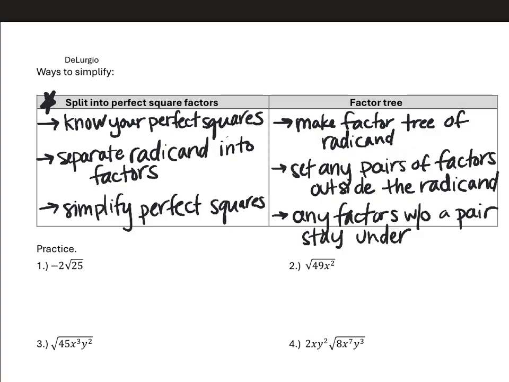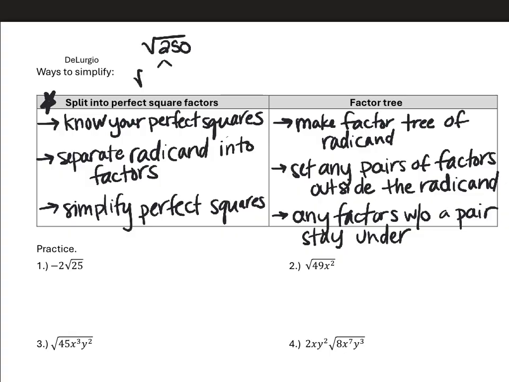If I have the square root of 250, and you have to simplify that, that is not simplest form. If we use way 1, I'm going to separate the square root of 250, and I'm going to try to figure out what perfect square factors go into it. If you need to flip back to your front page, maybe you know what goes into 250 that would be a perfect square: 25.